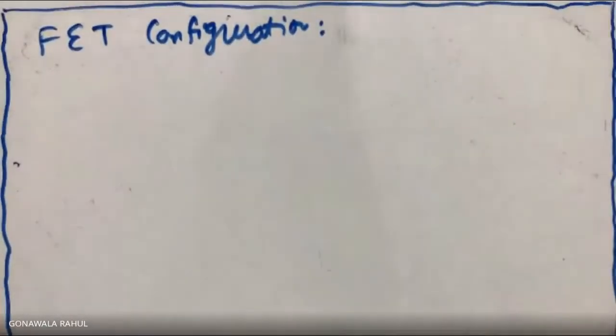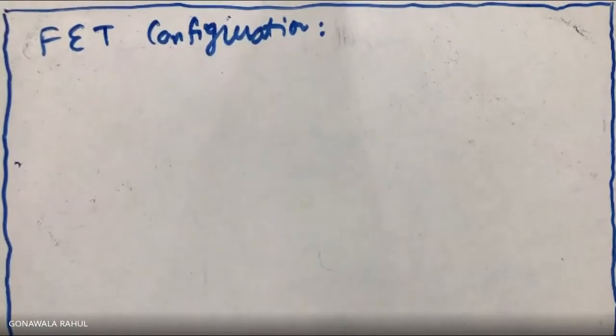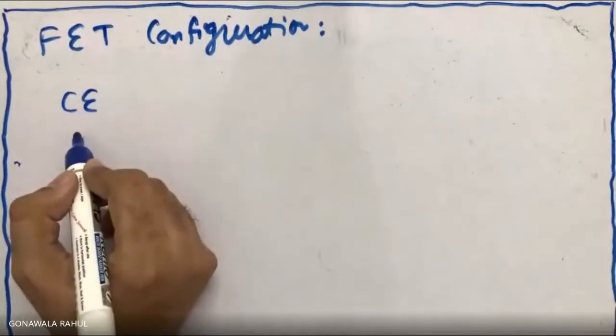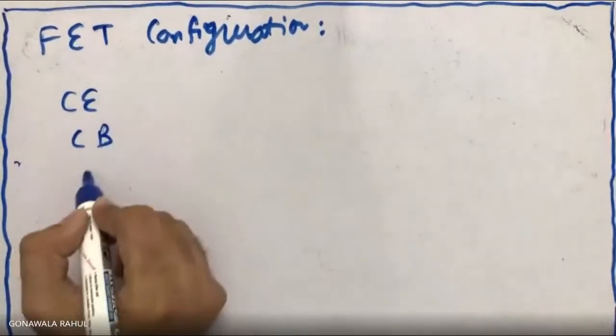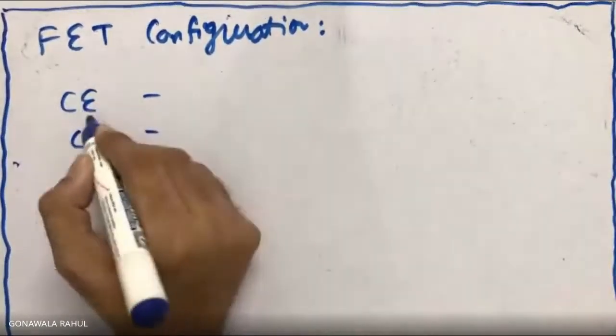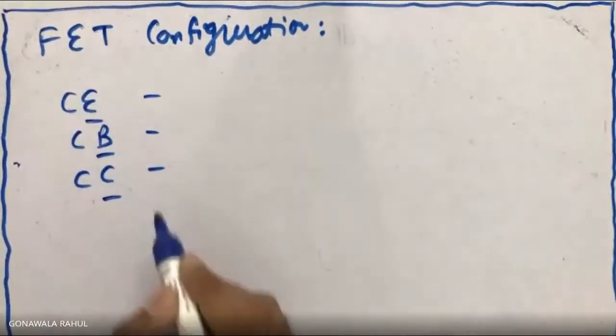FET configuration. In BJT, we have seen the configurations common emitter, common base, and common collector, in which we had emitter, base, and collector.